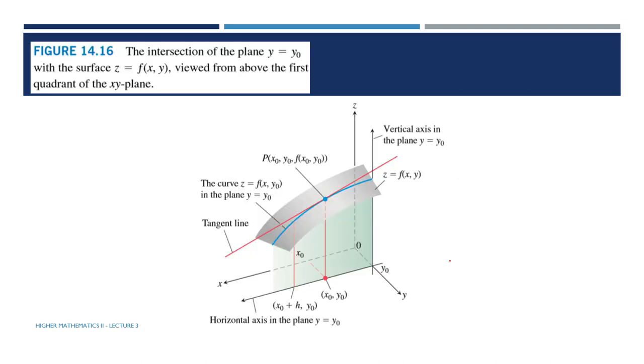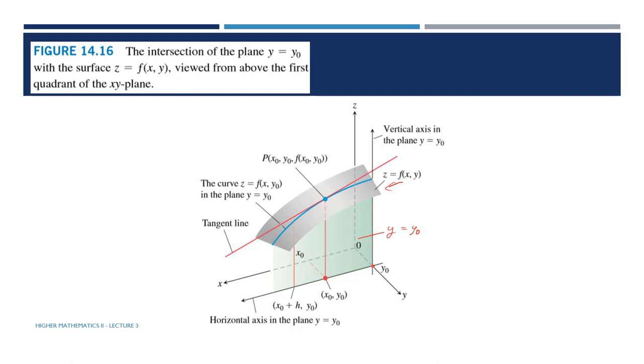This figure shows the intersection of the plane y equals y0 with the surface z equals f of x, y. This is the surface z equals f of x, y, shown here. Y equals y0 is the plane, because this point is y0.